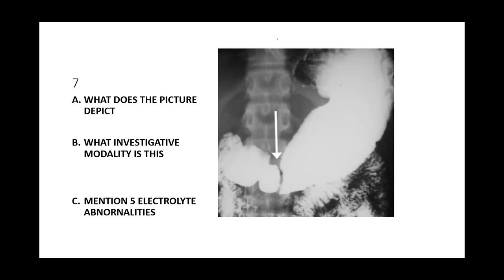So it is your task now to all go and read about how these electrolyte abnormalities come about, because we've discussed them before, how they all develop. So I think we are going to take a break, then we will come back and continue.